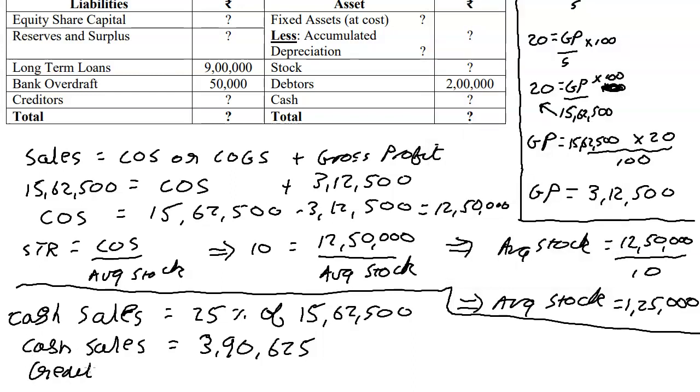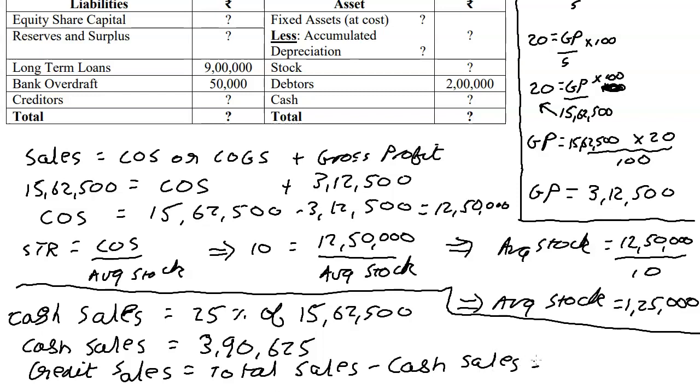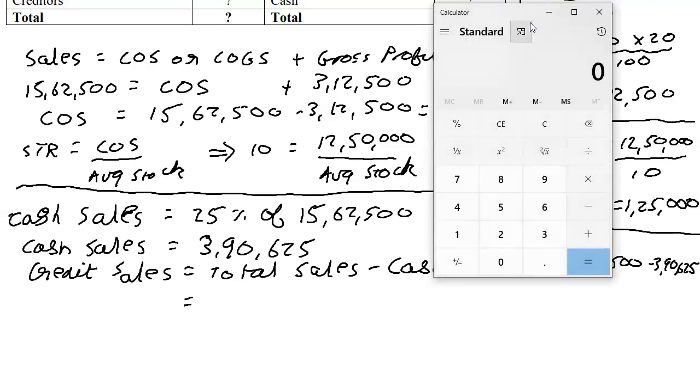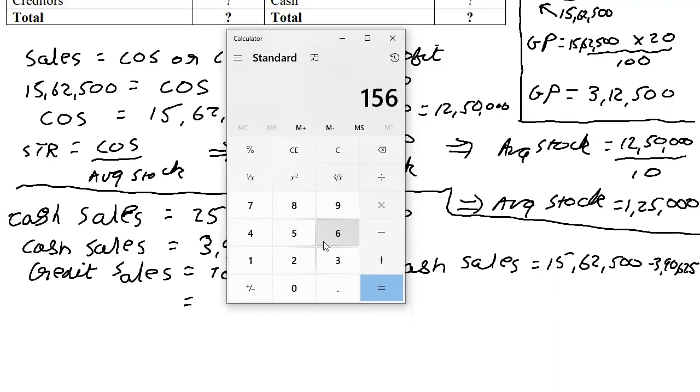So credit sales is equal to total sales minus cash sales, which is equal to 15,62,500 minus 3,90,625, which gives us 11,71,875.